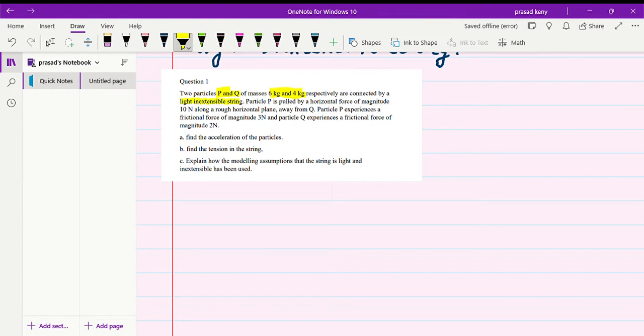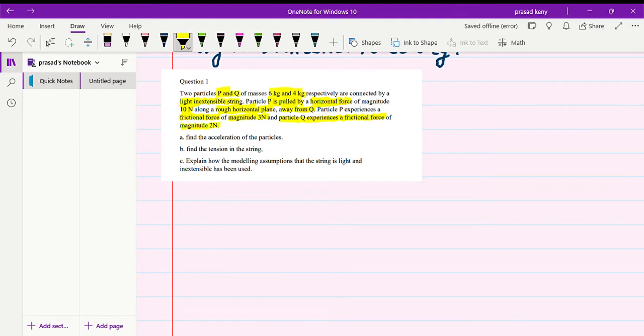This is very important here. Particle P is pulled by a horizontal force of magnitude 10 Newton along a rough horizontal plane away from Q. Particle P experiences a frictional force of magnitude 3 Newton and particle Q experiences a frictional force of magnitude 2 Newton.